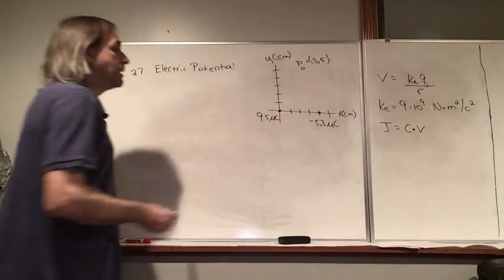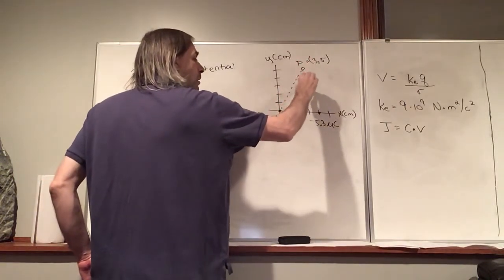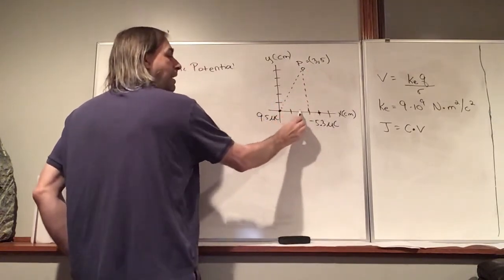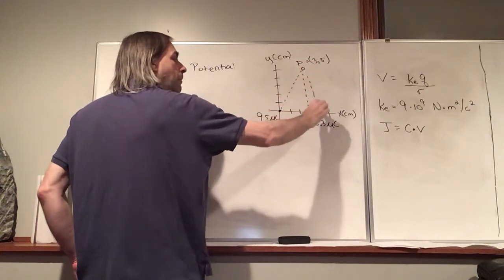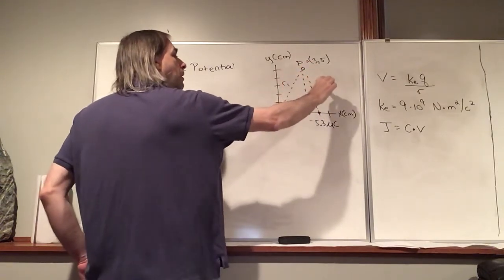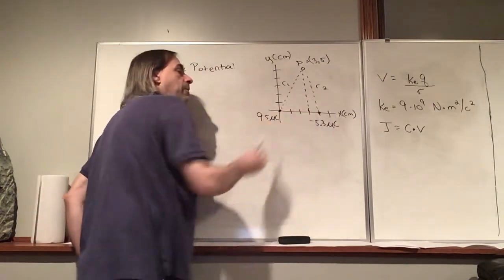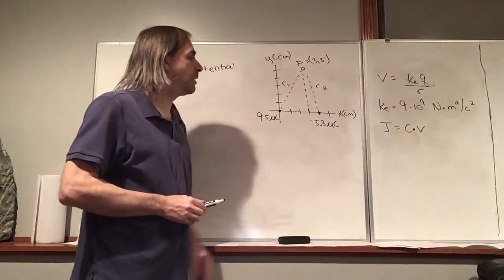Okay, so let's make some triangles here. So this is at that point 3, so its x-coordinate is 3. Now we have R1 and R2. Now, one thing that's a little bit unfortunate compared to calculating electric fields is we actually have to find R1 and R2.